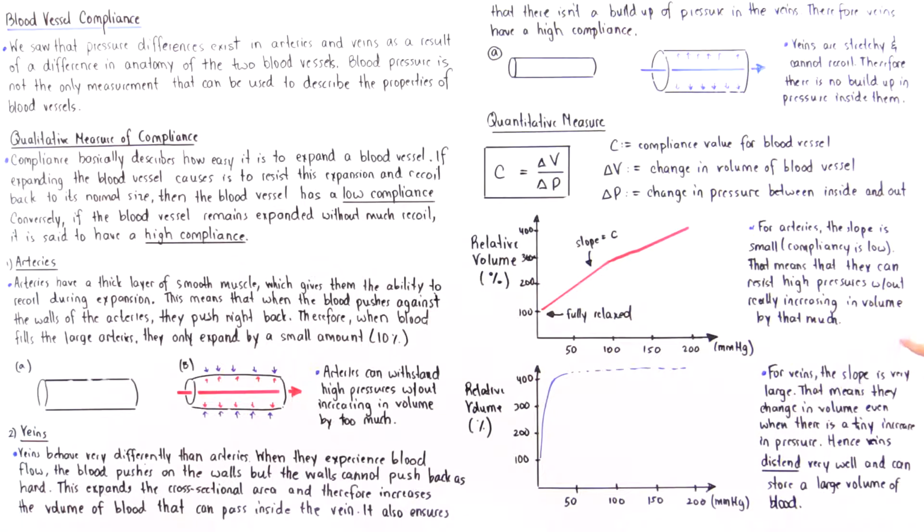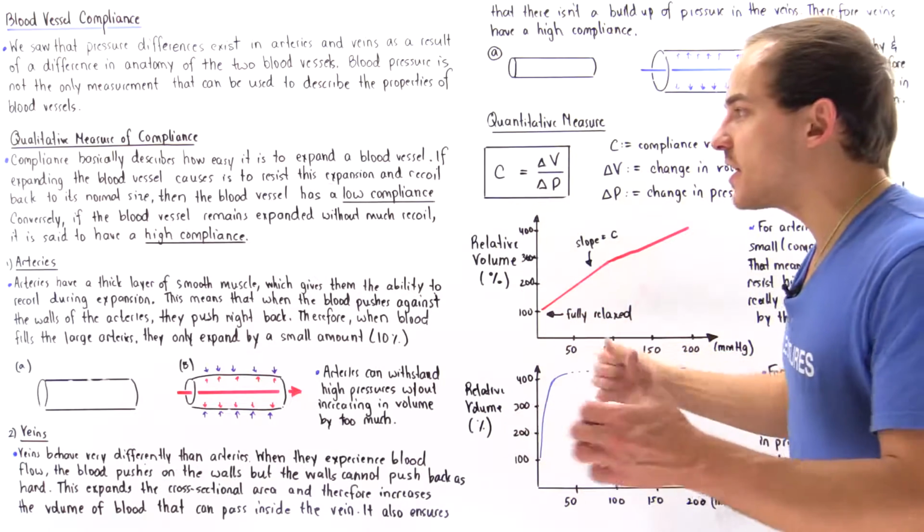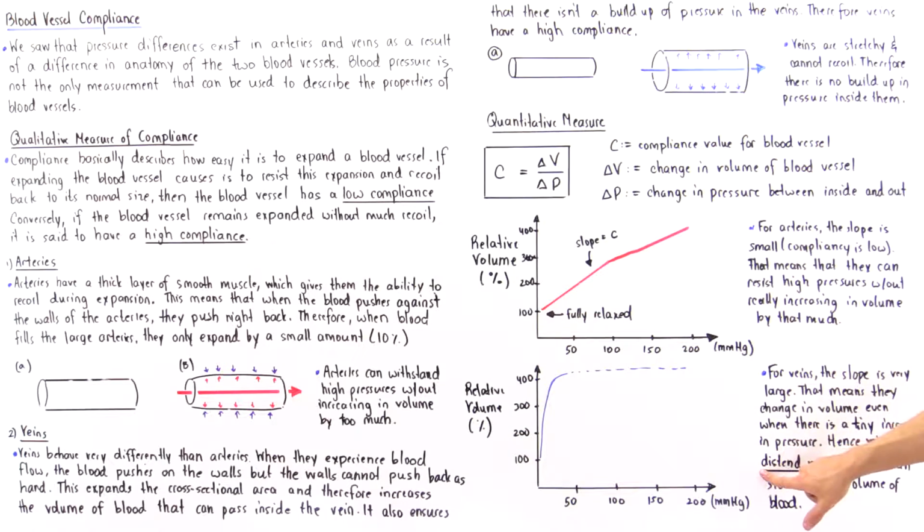For veins, the slope is very large, the compliance is large, and that means that they change in volume even when there's a tiny change in our pressure. And this means we can expand them very well, we can distend them very well.